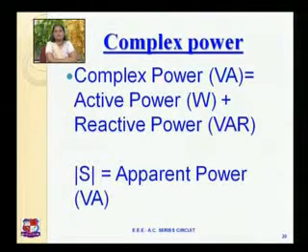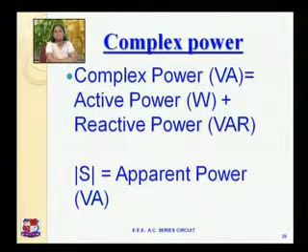So complex power, unit VA, is equal to real power, which is also known as the active power, plus imaginary power, which is also known as reactive power. So complex power is equal to active power plus reactive power. Unit of complex power is VA, unit of active power is W, means watt, and unit of reactive power is VAR.